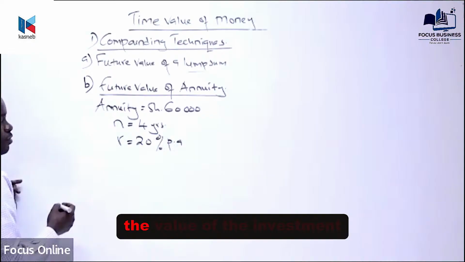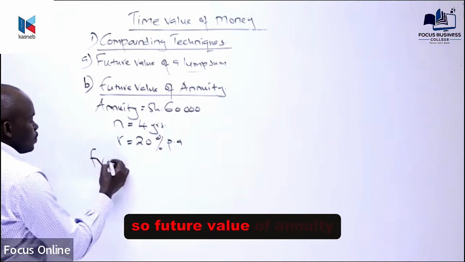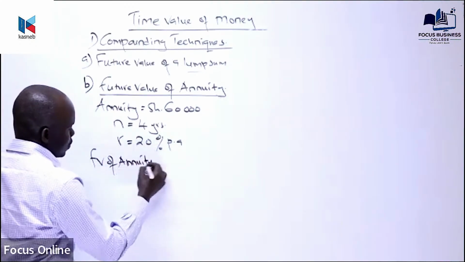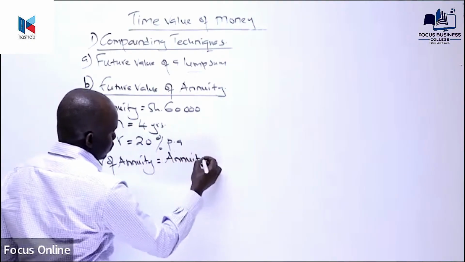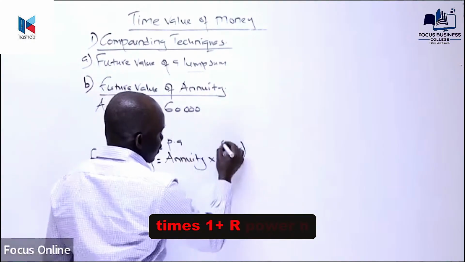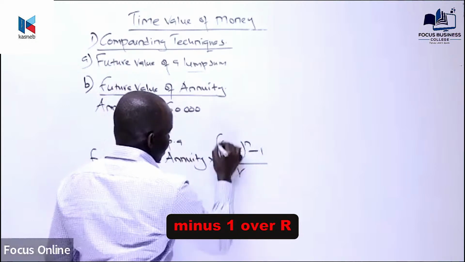So we want the value of the investment after 4 years. So future value of annuity is equals to the annuity times 1 plus r power n minus 1 over r.